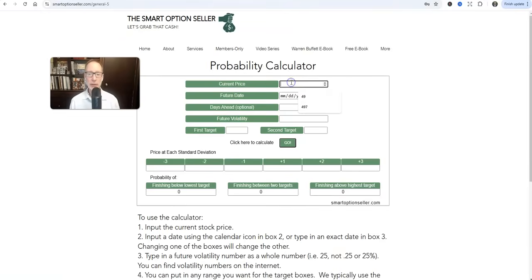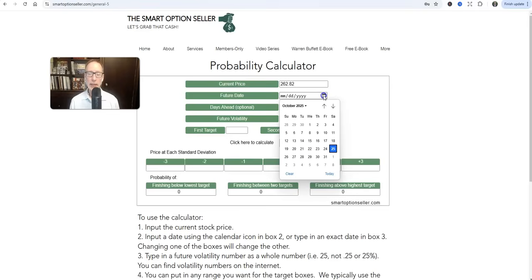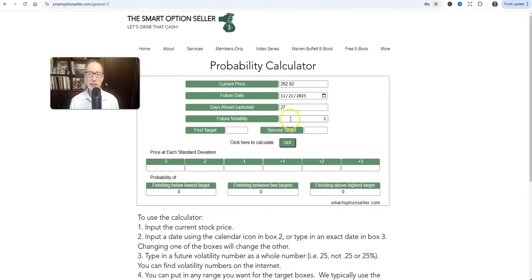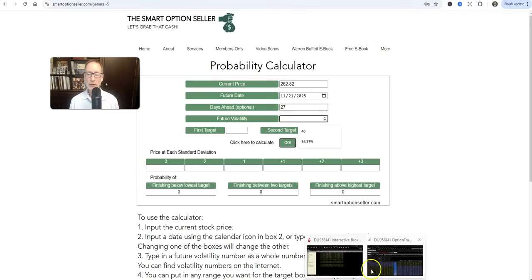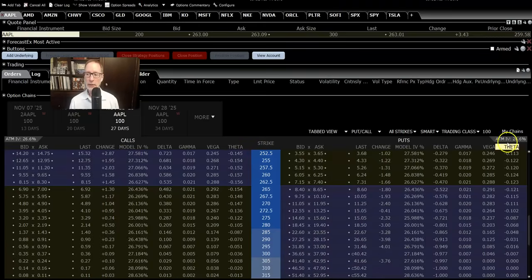So let's just type it in here. Let's say Apple's at 262.82, I think was the number, and we're looking at the third Friday in November, which is 27 days. And the future volatility of Apple at that point, you can go at the money 26.6%, which matches up with the IV here. So let's put in 26.7%.